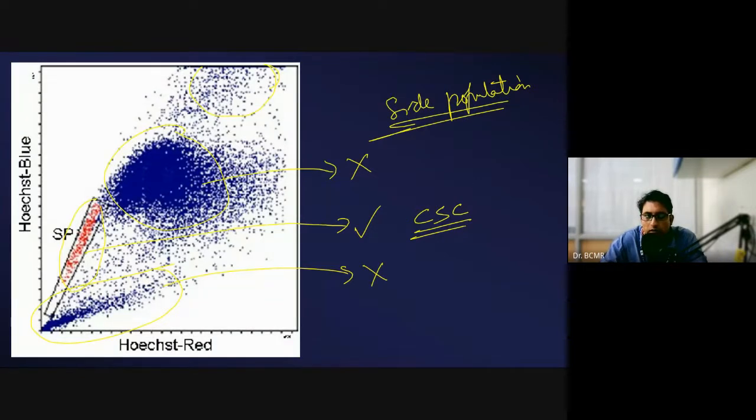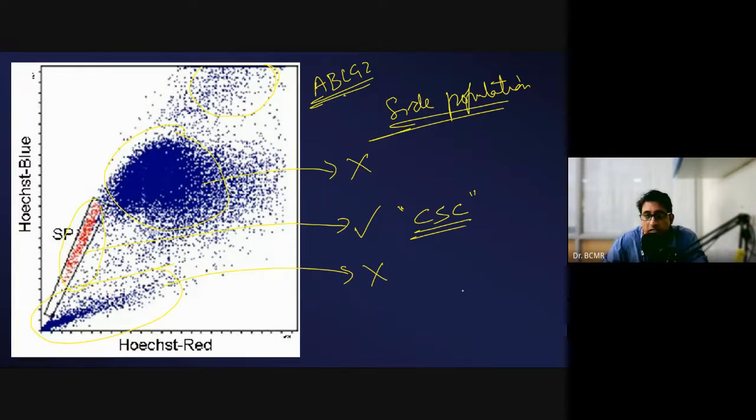What we know here is the SP cells are likely the cancer stem cells, but that's not the entire story. What we mean is here we are using a dye, and the staining depends on ABCG2, and we are collecting those unstained ones.